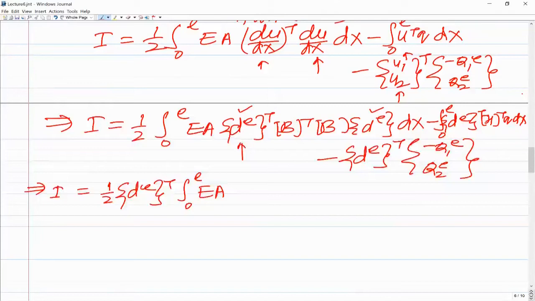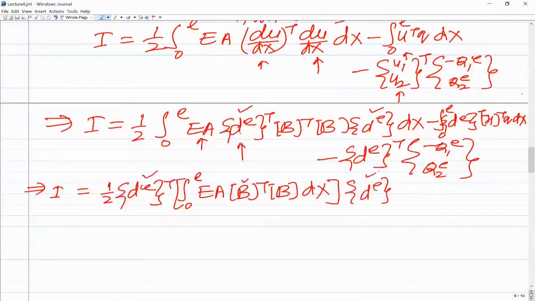So d transpose I have taken on the left hand side, and here you have B transpose into B and then dx. This whole quantity is in general such that EA could be a function of capital X and B could be a function of capital X, so they have to be inside the integration sign. But d, the value of u at nodes 1 and 2, can be taken out of the integration sign. So I have taken d transpose on the left side and d on the right hand side.